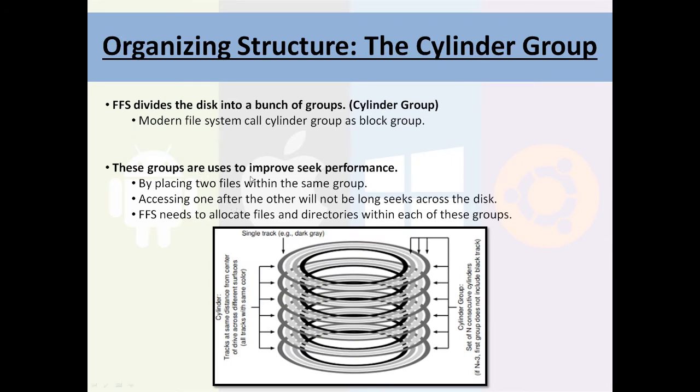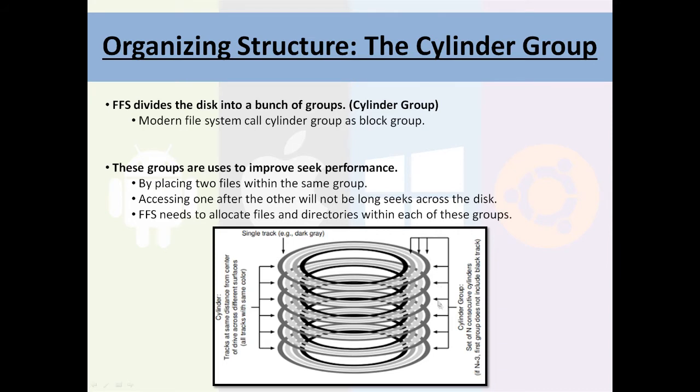So how it works is that FFS divides the disk into a number of groups called cylinder groups. A single cylinder is a set of tracks on different surfaces of a hard drive that are the same distance from the center. These rings are what we call tracks, and it's a set of them that are the same distance away from the center.